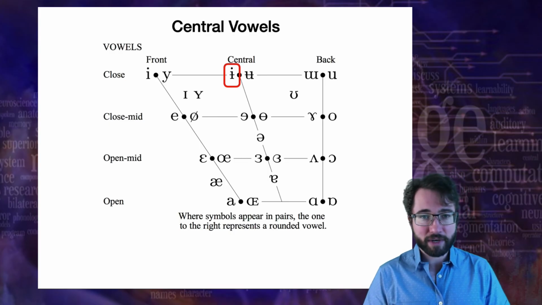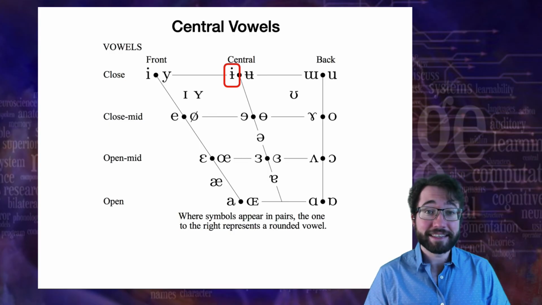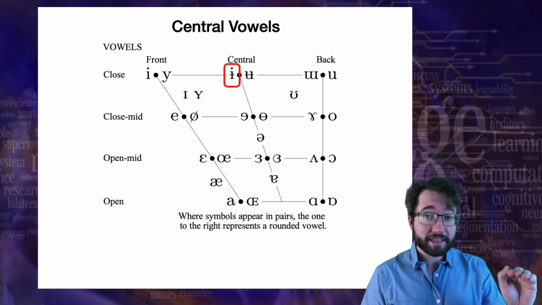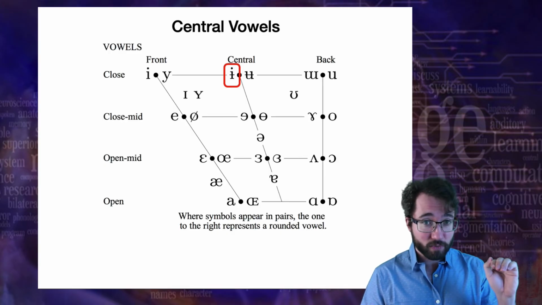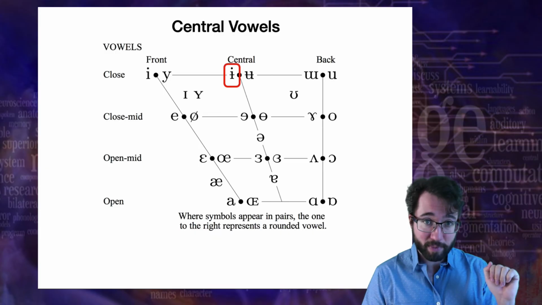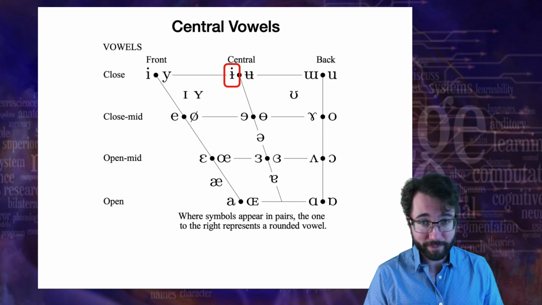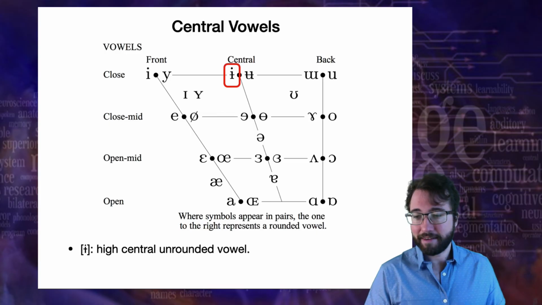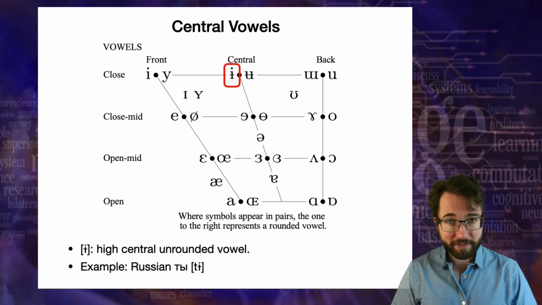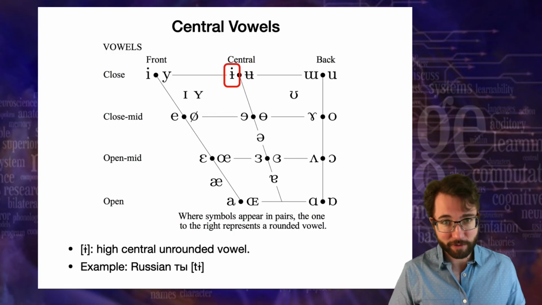To pronounce that, you have to imagine starting with E, and then start to move your tongue back towards where you would pronounce U, and stop about halfway. That's a high central vowel. And again, we have this in languages. In the Russian language, the word for you has a high central vowel.